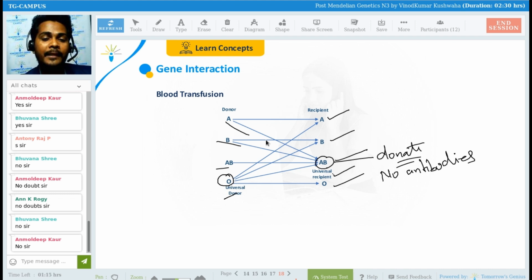Similarly, O is a universal donor because they can donate blood to everyone: recipient A, B, AB and O. Is this clear?